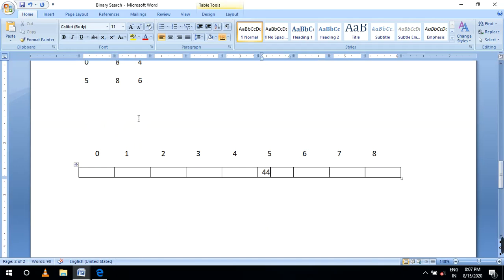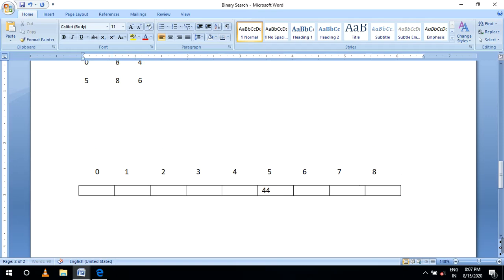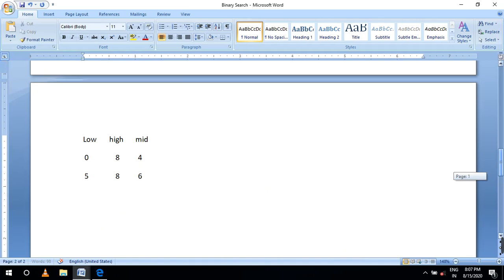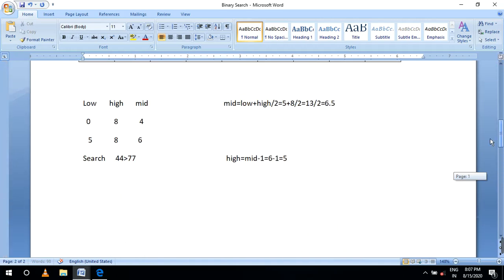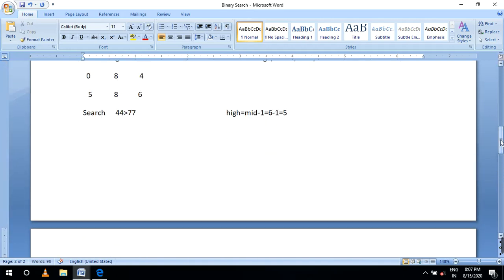Next, for the high value, you are searching for an element greater than 77, so this is the high value.